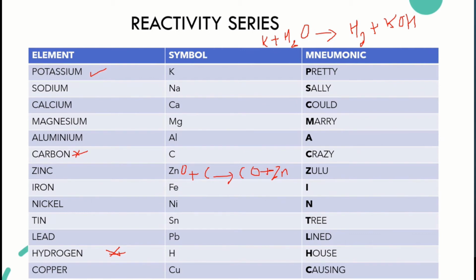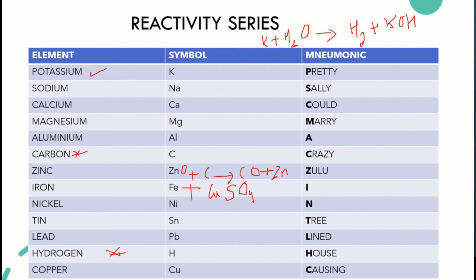Means sodium can displace calcium from its salt, but vice versa cannot occur. Similarly, if we say iron and copper, then iron can displace copper, like we can write Fe plus CuSO4. Now this reaction can take place.